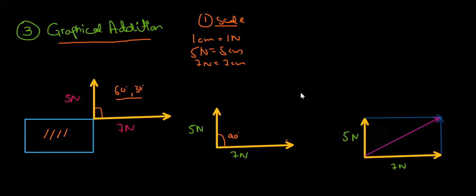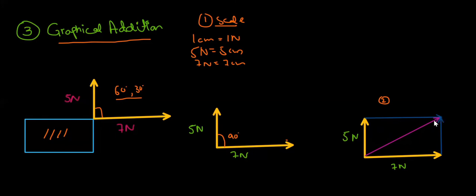Once you're done with that, you come to step 2. You'll redraw both these arrows. You had one arrow for 7 here, and you'll draw one here too, which is parallel to the other arrow. You'll draw one over here that is parallel to this arrow. Make sure the new blue arrows you've drawn start from the tip and end on the other tip.